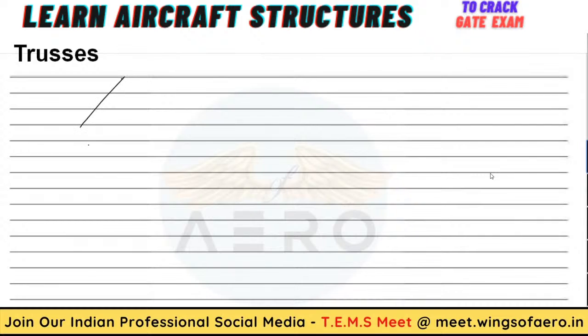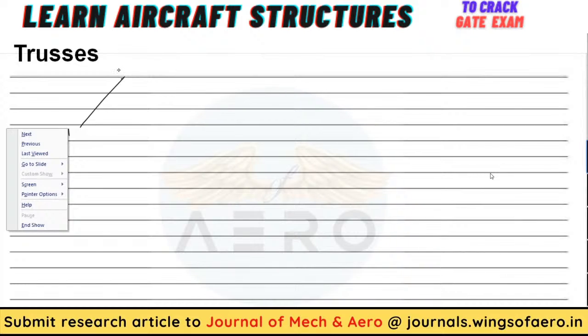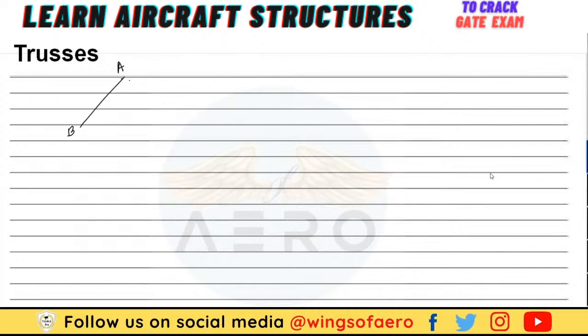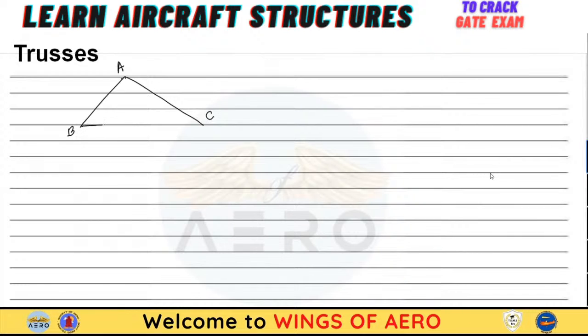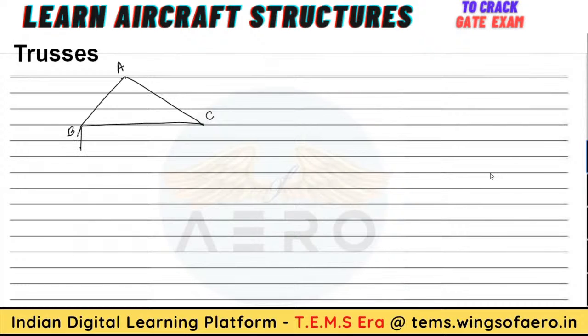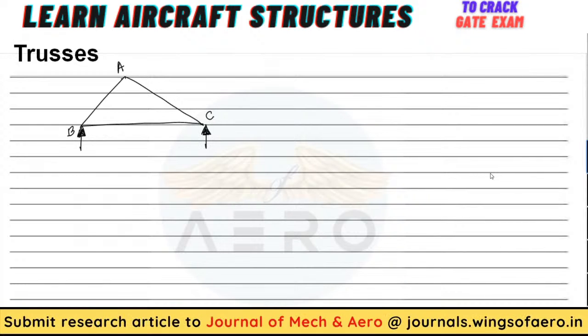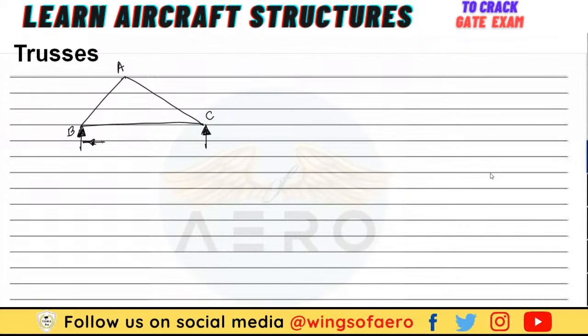Now here we have one member called B and A. Here we have another member C. Now both B and C are supported by simply supported beam, and the distance between B and C is 5 meter.